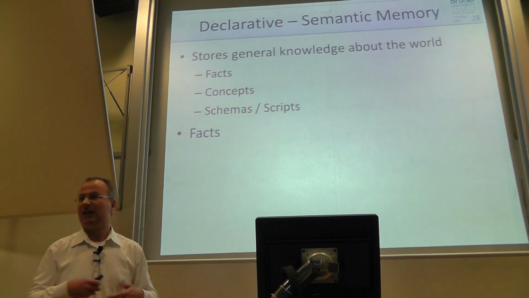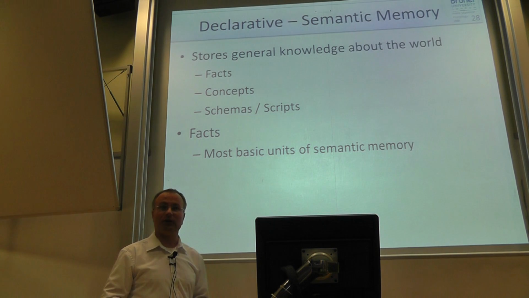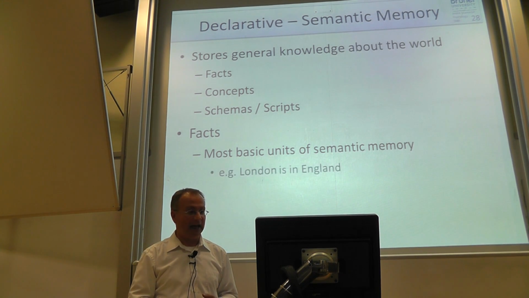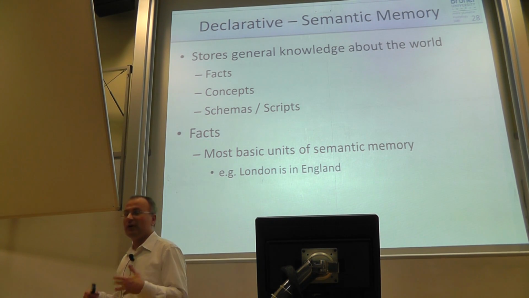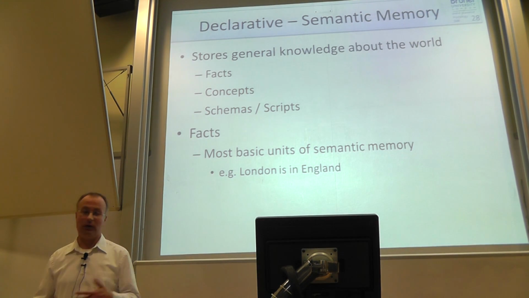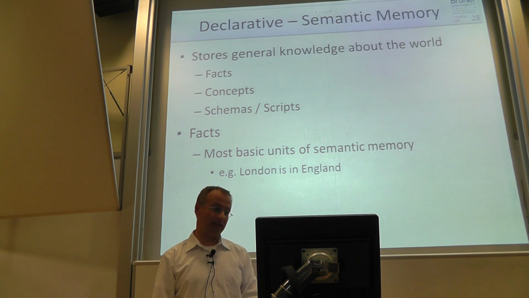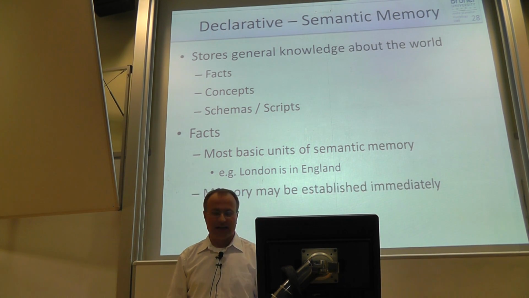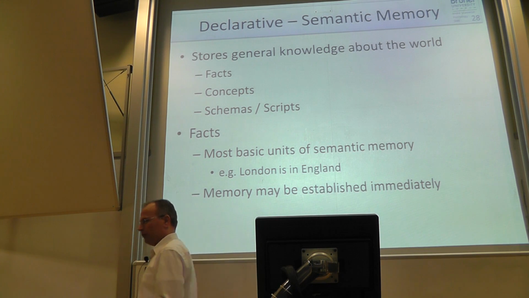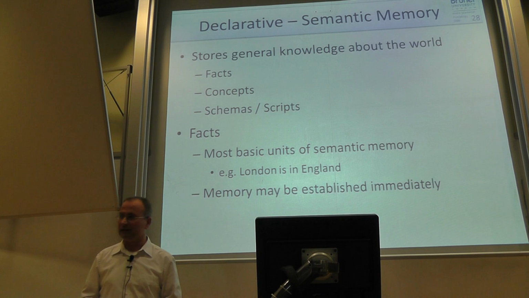Facts are really quite simple. Basically, the most basic units of our semantic memory. For instance, we know as a fact that London is in England. Our memory may be as raw as temporary.